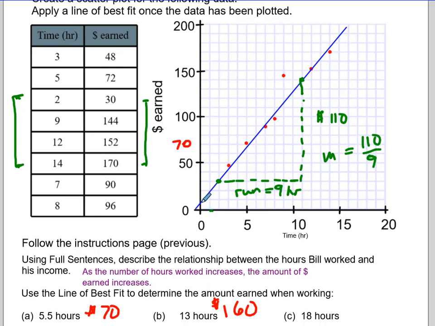Okay, in this case I might be able to read my y-intercept. It looks like it's about 10. So I could even just grab that right here and say that is 10. And my equation would be something like this. Okay, so 110 over 9 times the time value plus 10. And of course, we also have other strategies we could use.